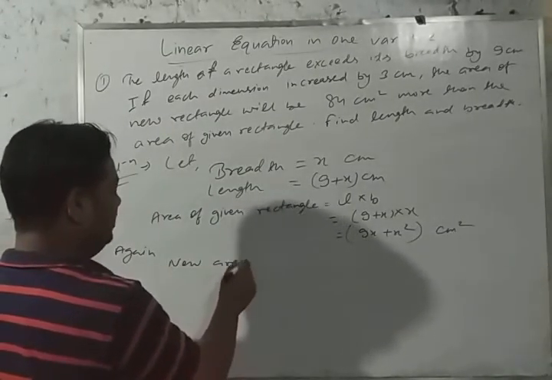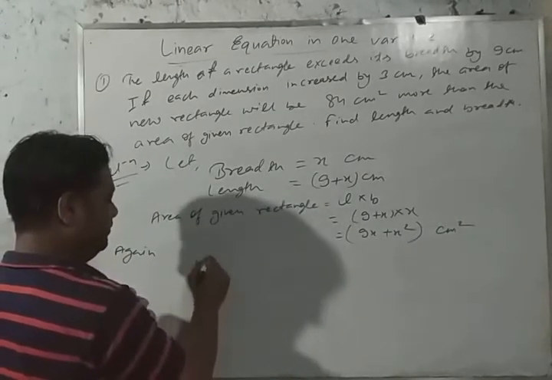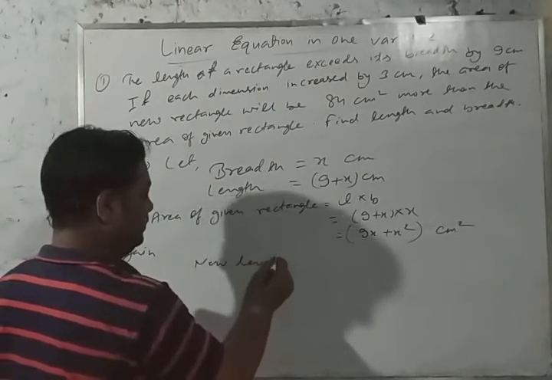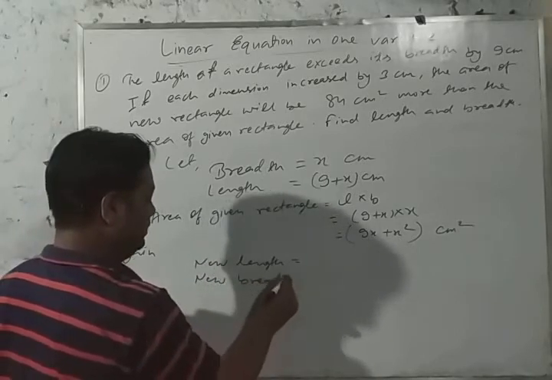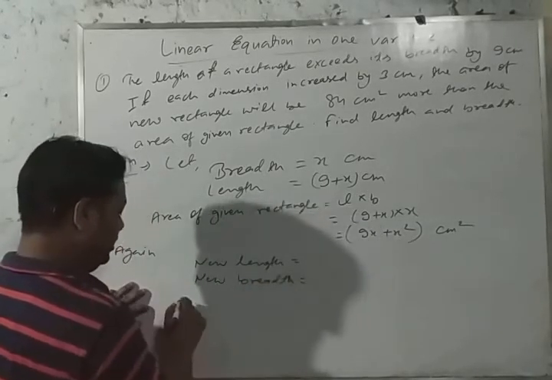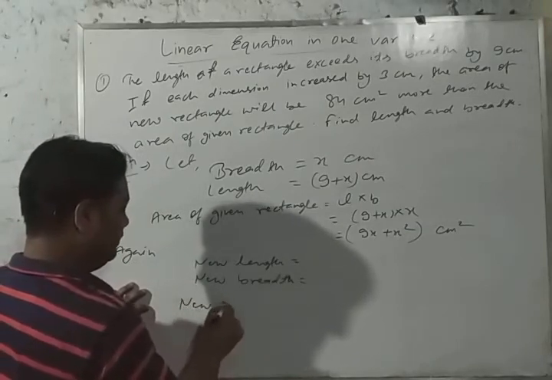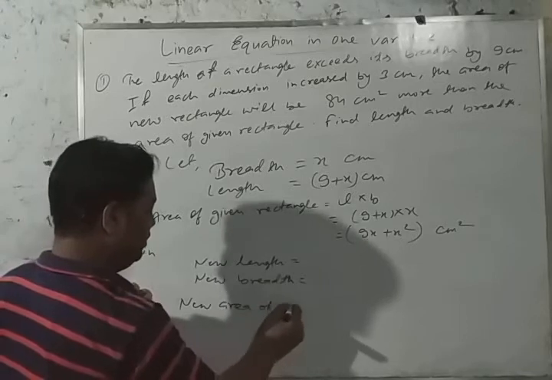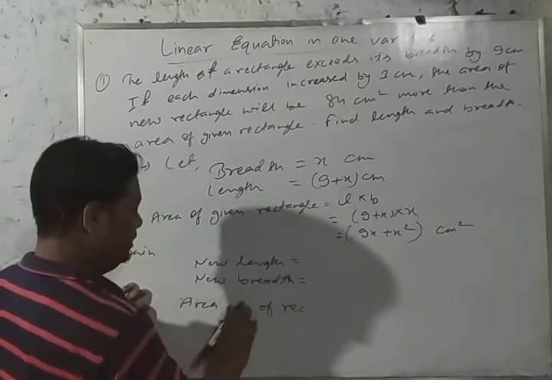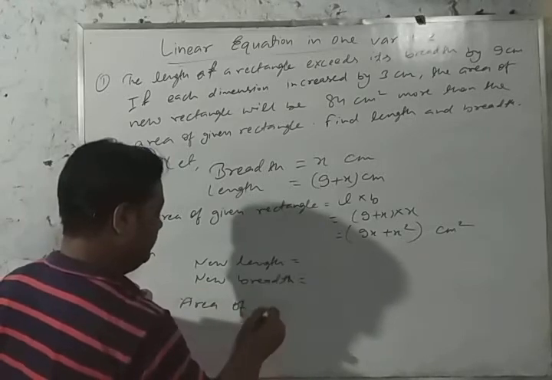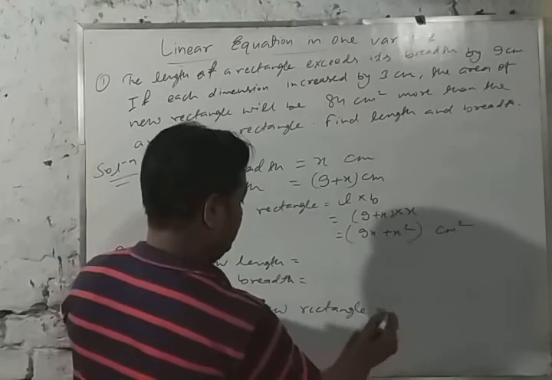New area will be, if each dimension is increased, at first the new length and new breadth, and then the area of the new rectangle.